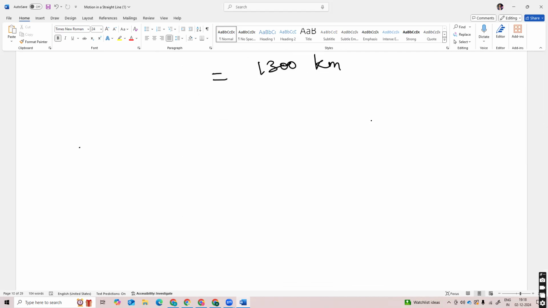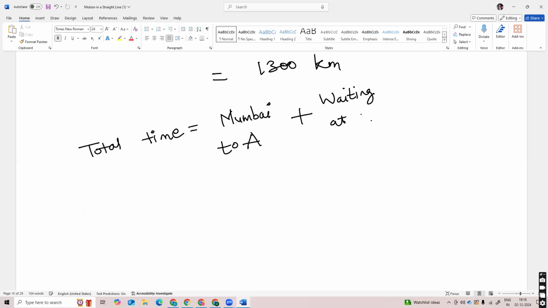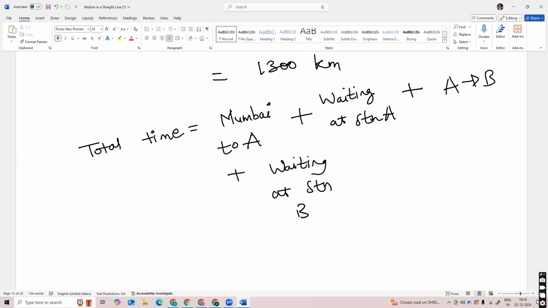So first of all, total time is basically the time taken by the train from Mumbai to station A, plus waiting at station A, plus station A to station B, plus again waiting at station B, plus the time taken by the train to travel from station B to Delhi.